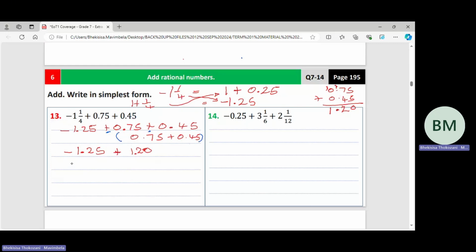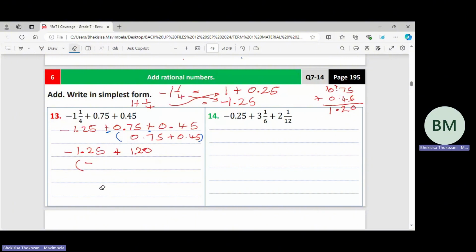Now again, the rules, the signs are not the same. What do we do? We're going to put cos because we need to subtract and check the sign of the bigger number. Of course, 1.25 is a bigger number, which is negative. I meant to put the negative outside. So which is negative, I'm putting the negative outside here, and I'm going to say 1.25 minus 1.20.